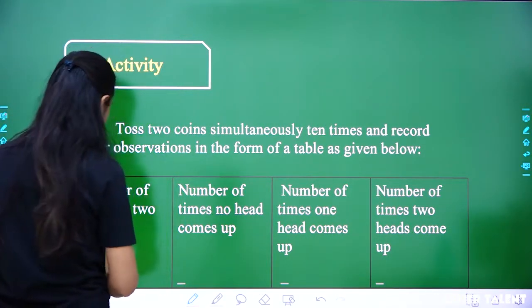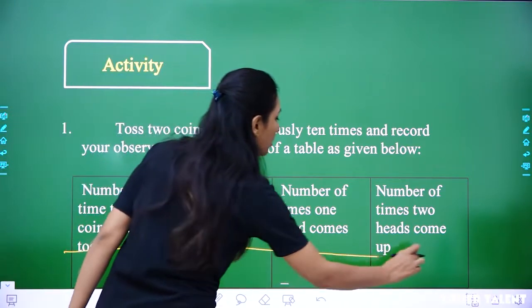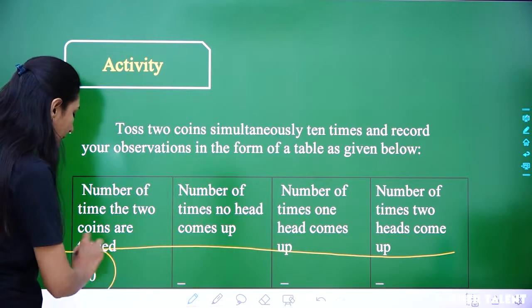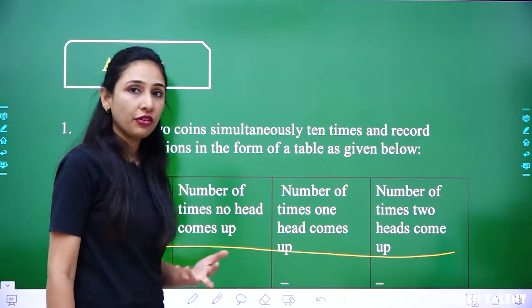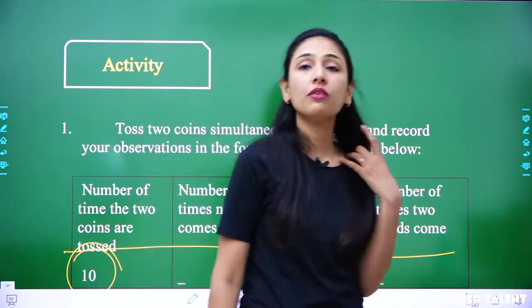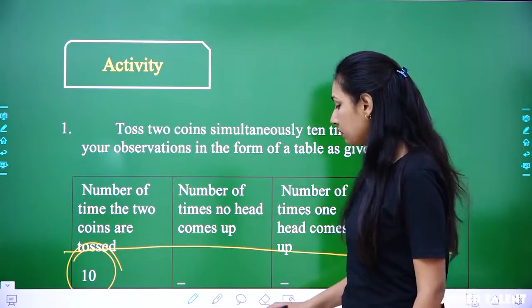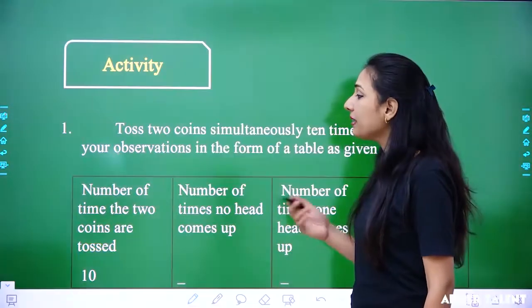When you have some 10 experiments, there will be a fraction that you calculate. How will you calculate it?